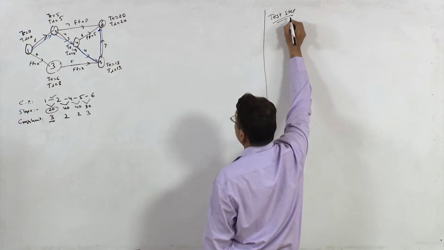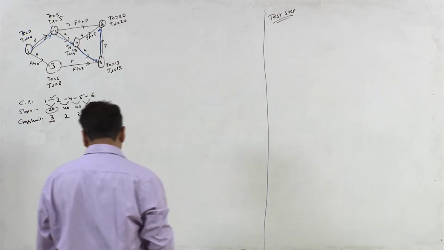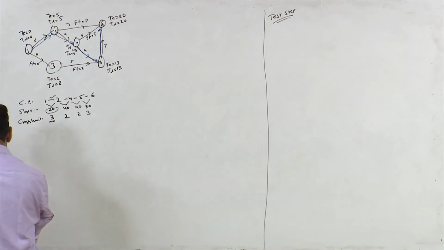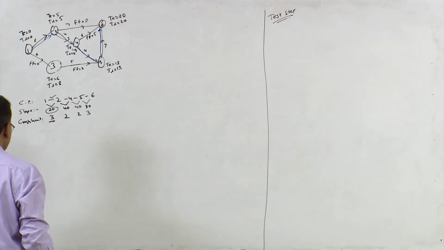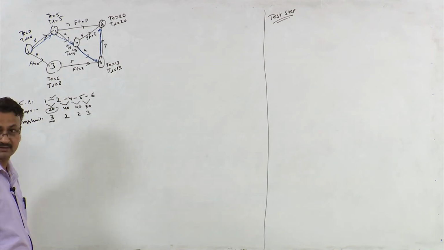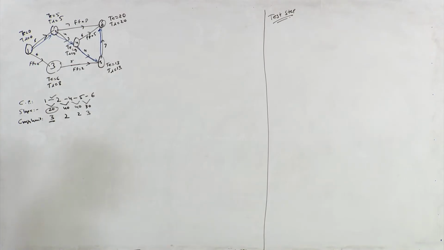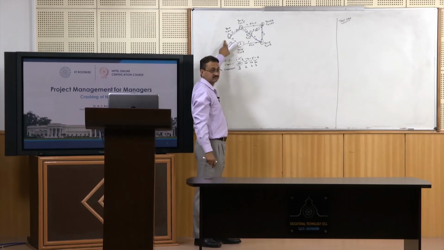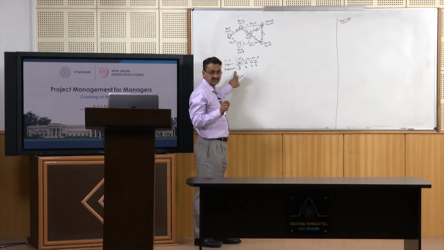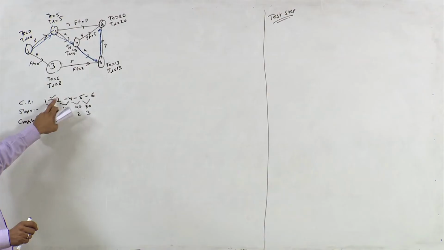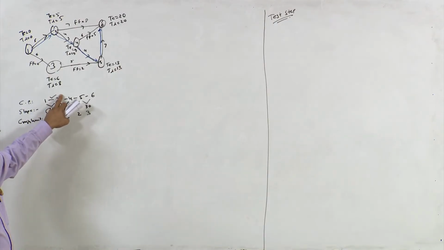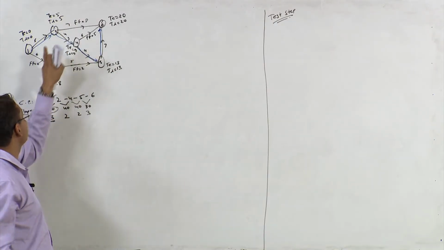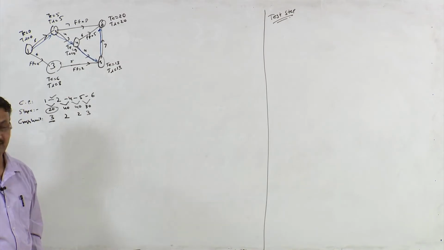So in test step what we will do, we will reduce the duration of activity 1 2 by 1 day and see the effect of that change on free float of non-critical activities of this network. What is test step? We will reduce the duration of activity 1 2 by 1 day and we will see how these free floats are changing of non-critical activities, right.